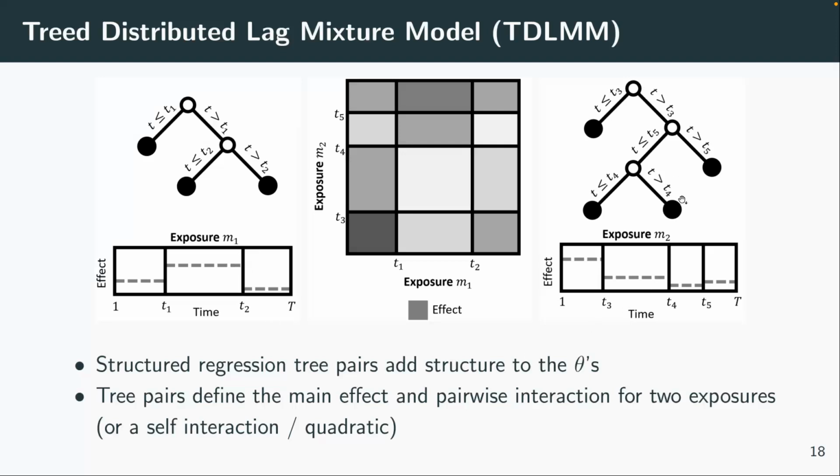It's a pair, so we have another tree here. This one divides the time span up into 4 groups, and this is the tree for the main effect of exposure M2. So we have 2 exposures, each gets a tree to divide up its main effect, and then there's a constant linear effect of exposure during each of these time spans.